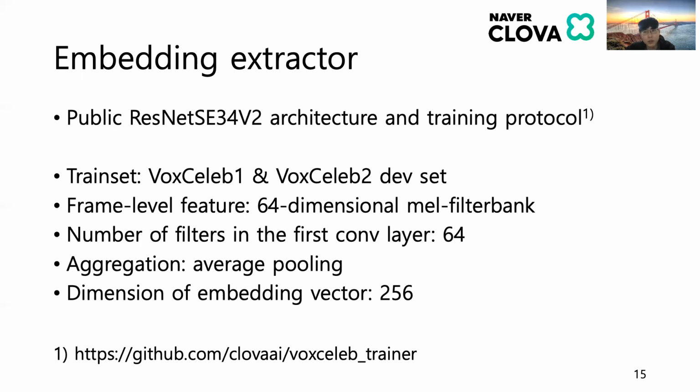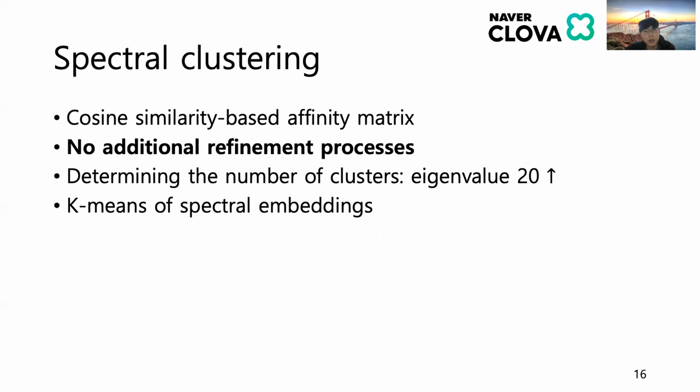The dimension of embedding was set to 256. For the spectral clustering, we calculate the affinity matrix using cosine similarity and do not apply any additional refinement process on this matrix. To determine the number of clusters, eigenvalues greater than 20 are counted. We perform k-means clustering on the spectral embedding to estimate the final cluster labels.